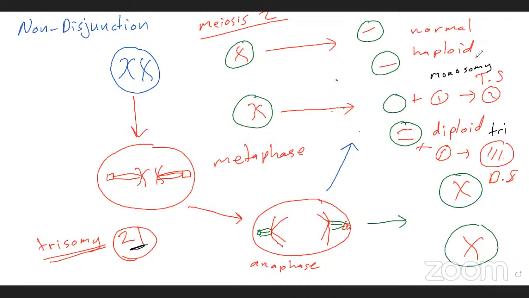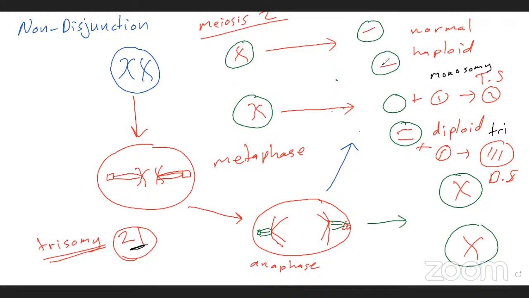If you notice, after the second division, one of the cells is empty, right? So when this empty cell fuses with a haploid cell, how much would be in that new cell? If an empty cell fuses with a cell with 1 chromosome, how much would be in the new cell?